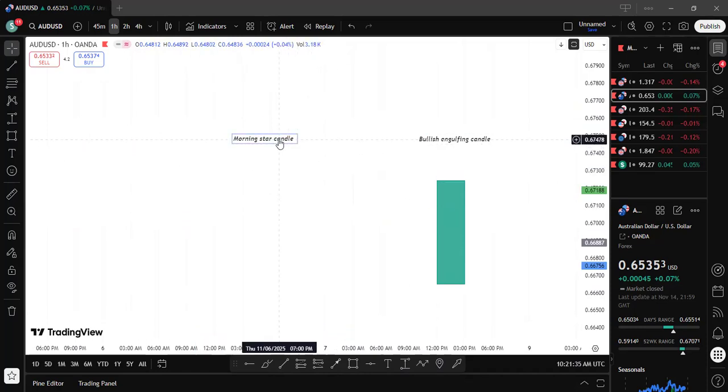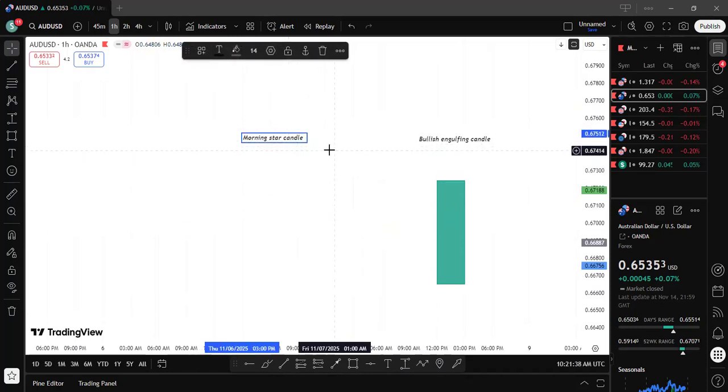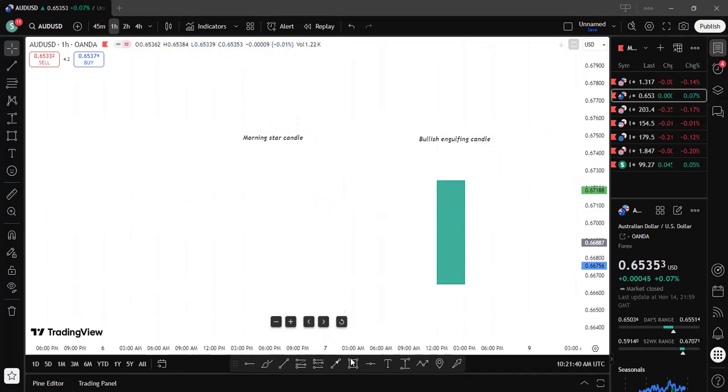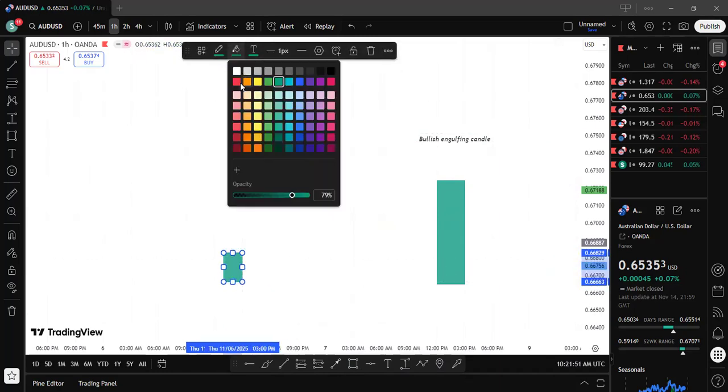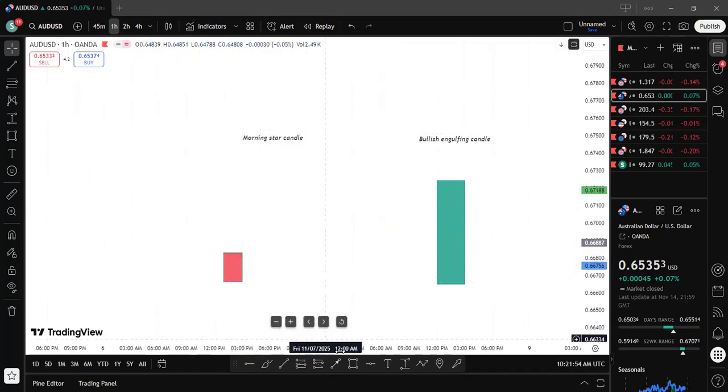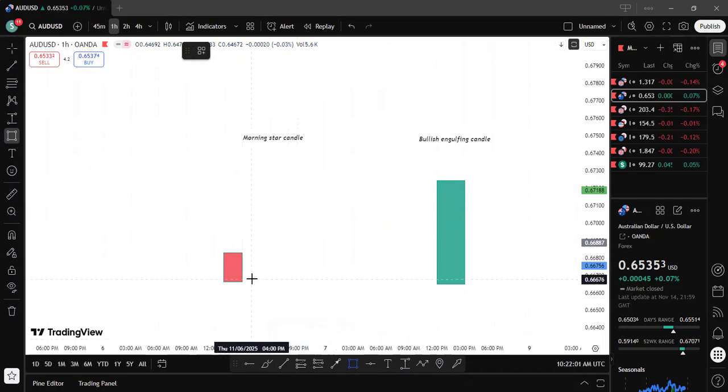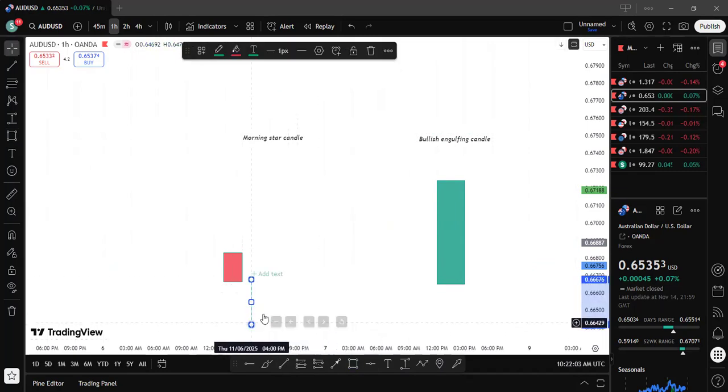The morning star candle is that, let's assume that this first candle is red, then you would see just a line like this for me. It should be black actually, but it's fine.